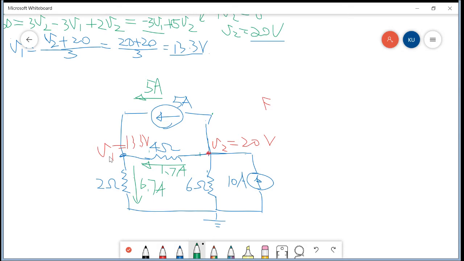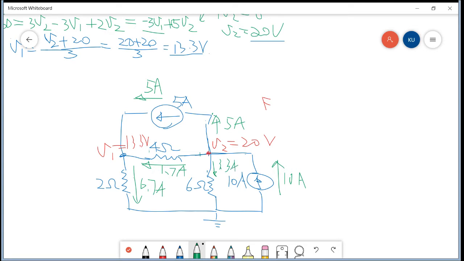Which matches the KCL. So for this node, we know that 5A is going in this direction, and likewise 1.7A going to the left-hand side, and for this current, 10A is going upward, and for this branch, the current will be 20 volts over 6, which is 3.3.